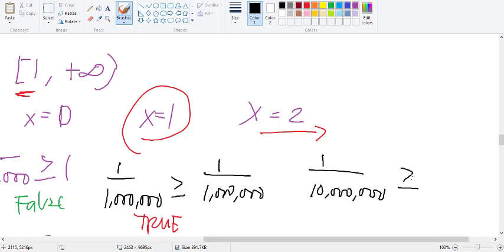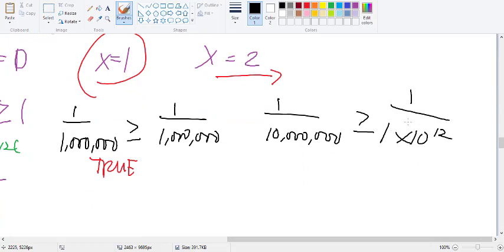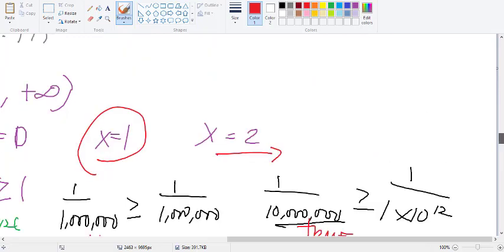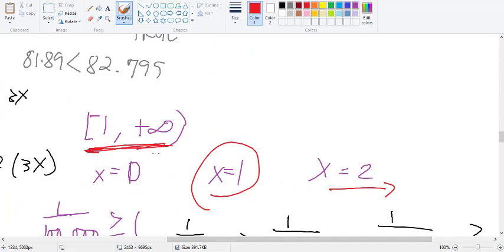That is greater than or equal to, so 3 times 2 is 6, so 1 over 100 to the power of 6, which is 1 over 1 times 10 to the 12th power. That means 12 zeros, guys, too many for me to write. Since it has 12 zeros, it is obviously less than the one with only 7 zeros. So, this is still true. Meaning, indeed, our solution set is correct.